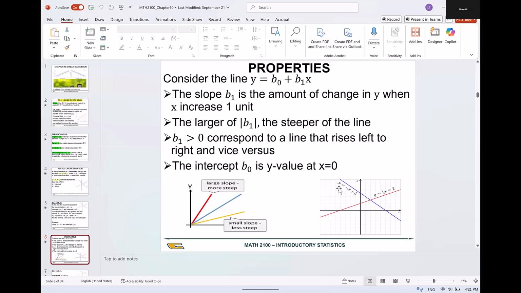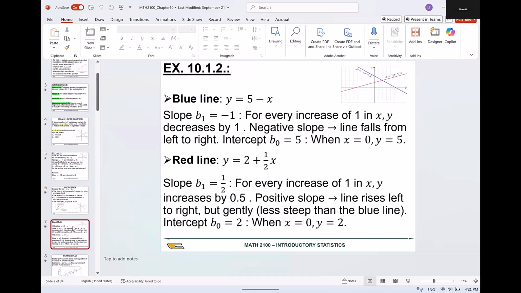Same thing, you can see that, even in different directions in terms of rising, this line has a slope with absolute value 1, and this line half, and the blue line is steeper. The red line is more flat, kind of flatter here.